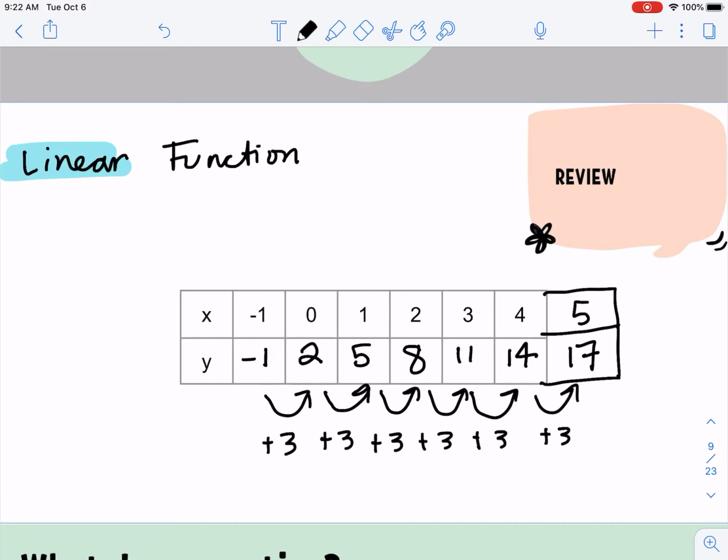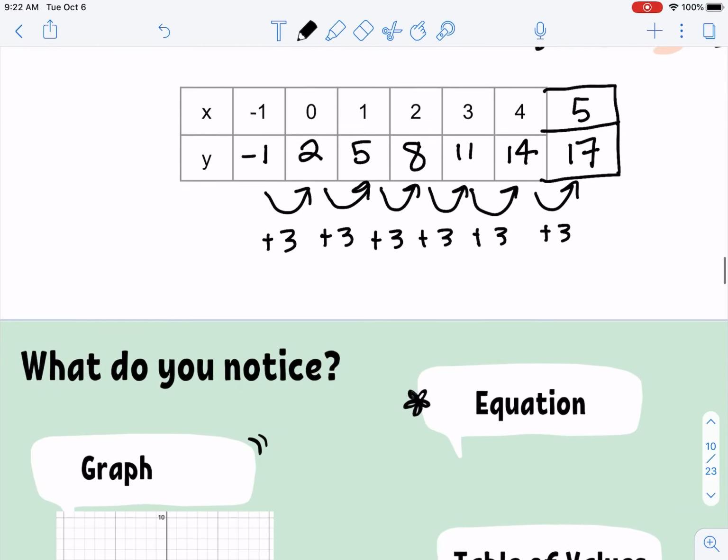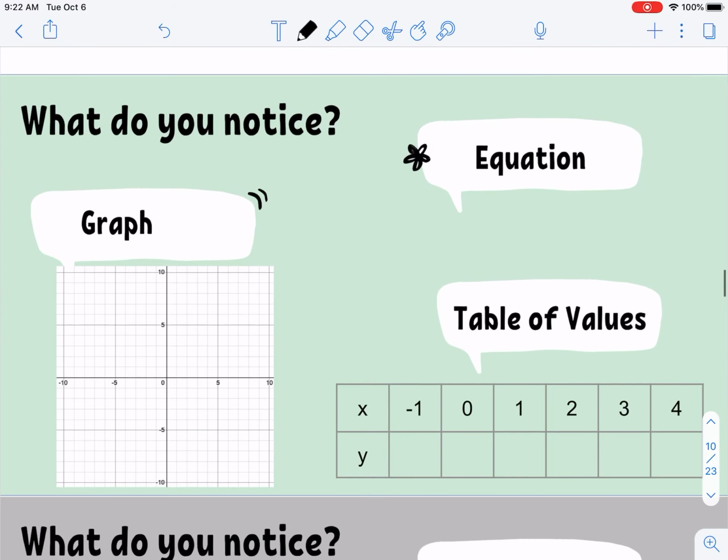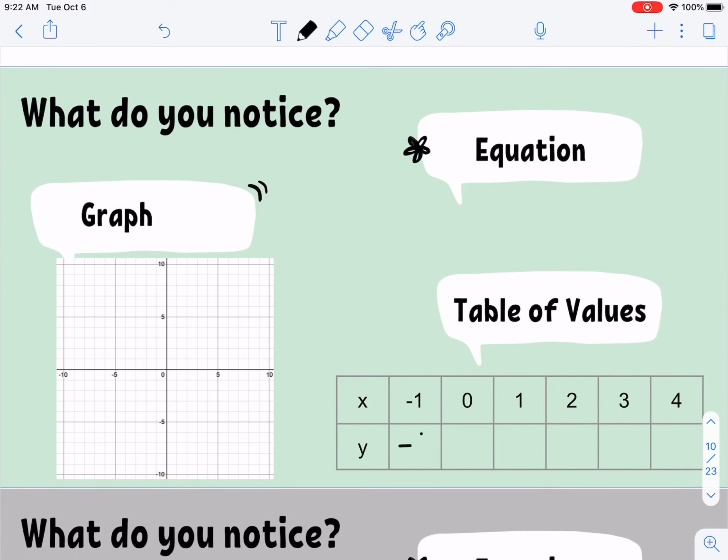Okay, so we're going to take this table and now we're going to put it in our lattice of information. So let's say we had -1, 2, 5, 8, 11, 14. And we recognize we're not going to be able to graph those because our graph doesn't go up to 11. So now I'm going to plot these points. I have the point (-1, -1), (0, 2), (1, 5).